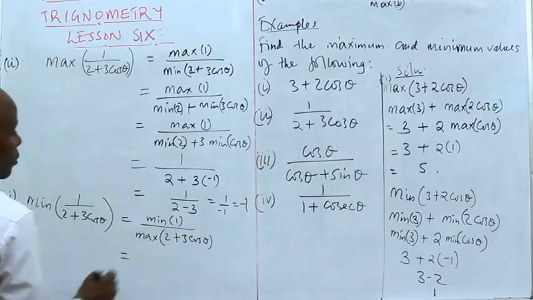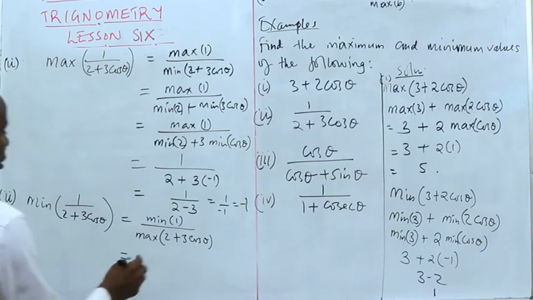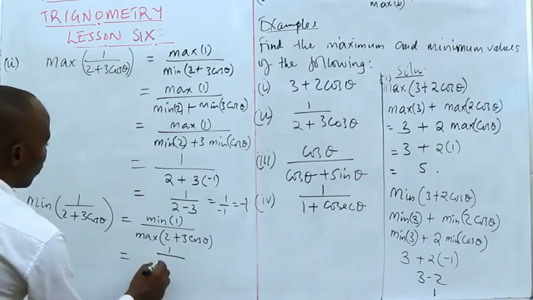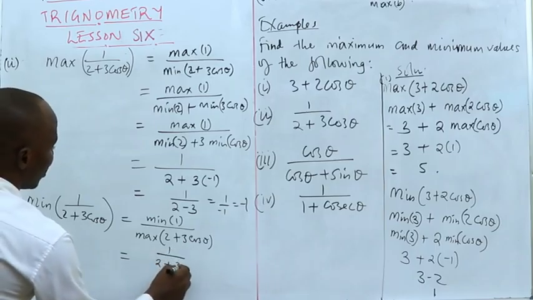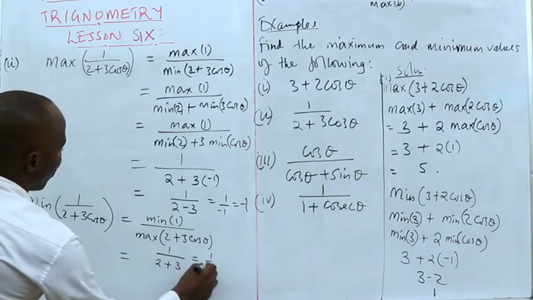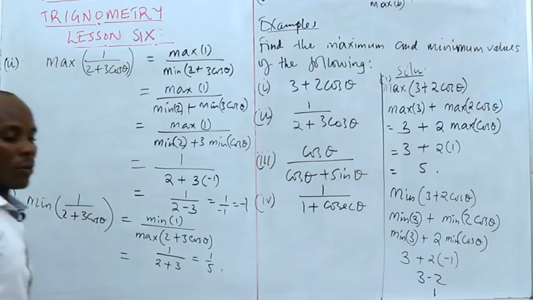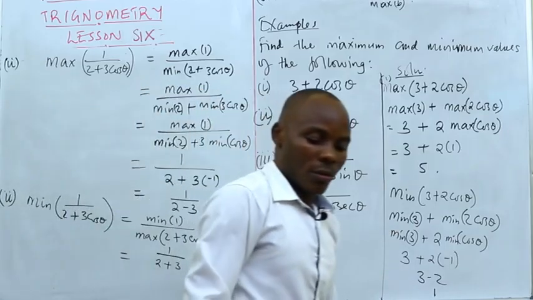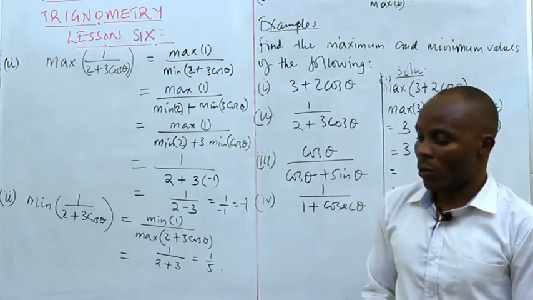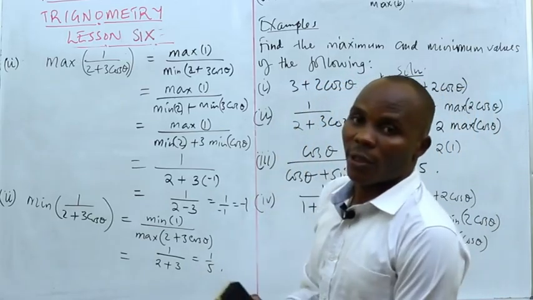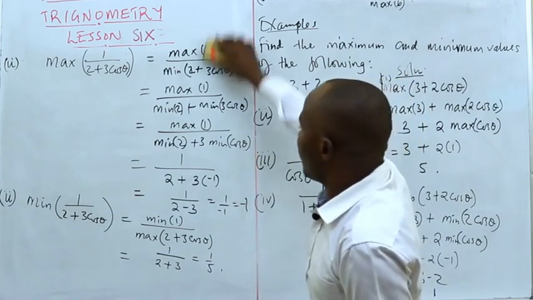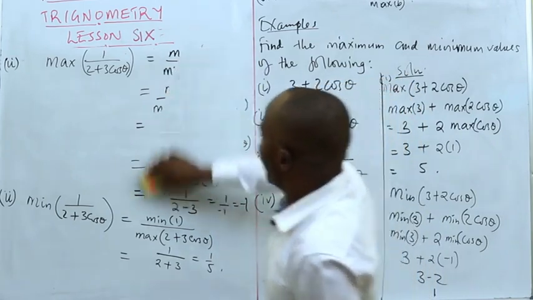Okay? So what are we getting from there? It is 1 over, of course, the maximum of 2 is 2. Here you have a 3, giving you 1 over 5. Please try out the rest.